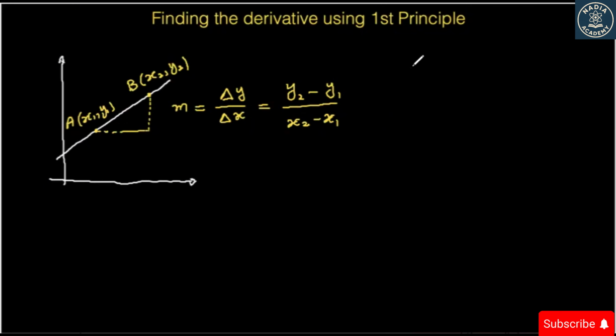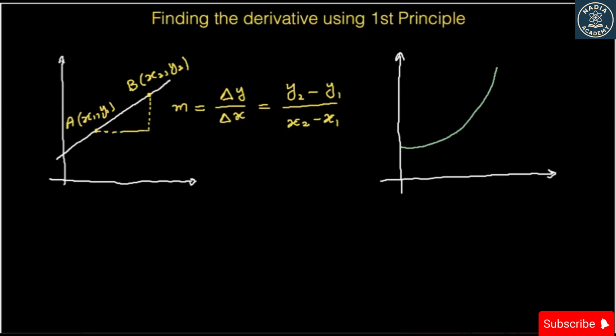Now, if we have a curve of any function f of x, then what would happen? For example, the curve goes like this, a kind of curve over here.